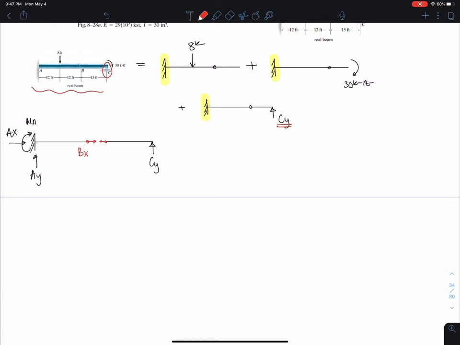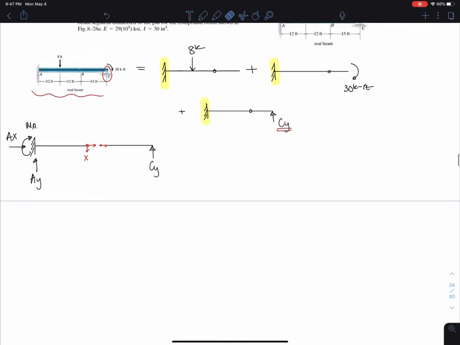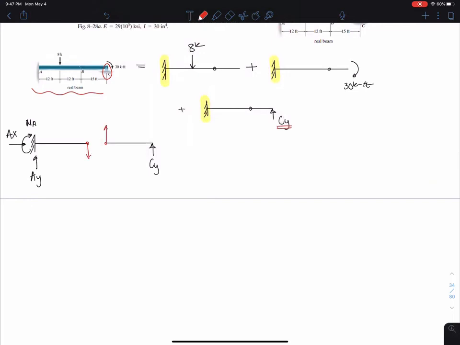And let me draw this a little bit better. We'll call these BY and BX. Okay. And I'm going to put back my original loading for now.